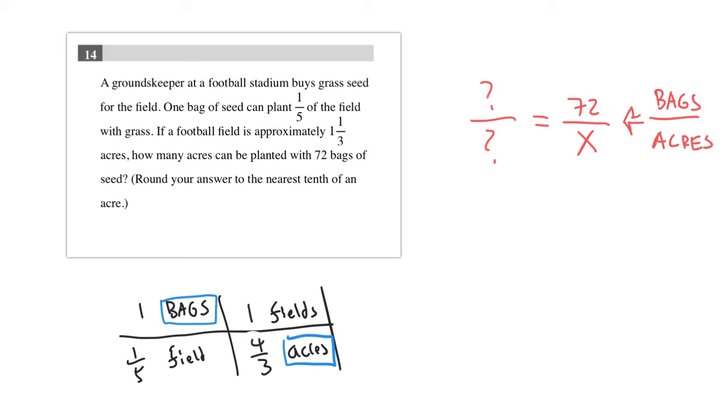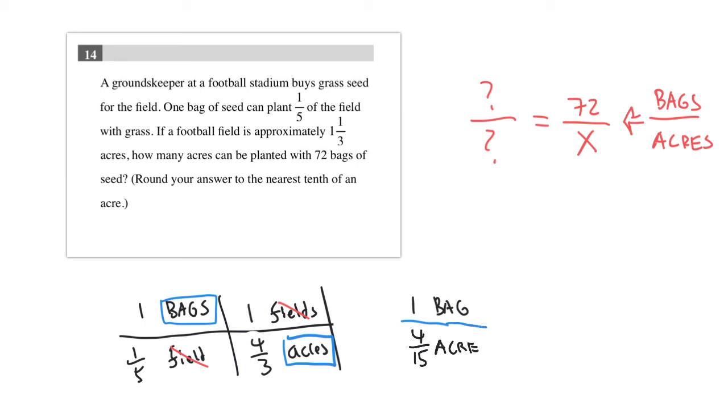And by doing so, we would end up with 1. Well, actually, we should cancel these words. My bad. Sorry about that. So we're going to end up with 1 bag for every, and when you multiply 1/5 times 4/3, that would be 4 over 15, 4/15 of an acre. Okay.